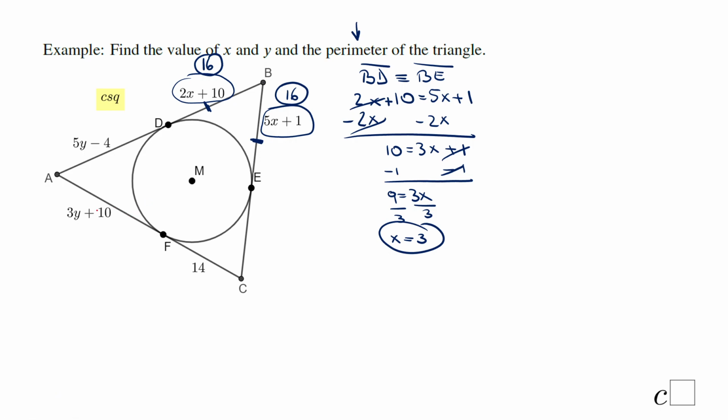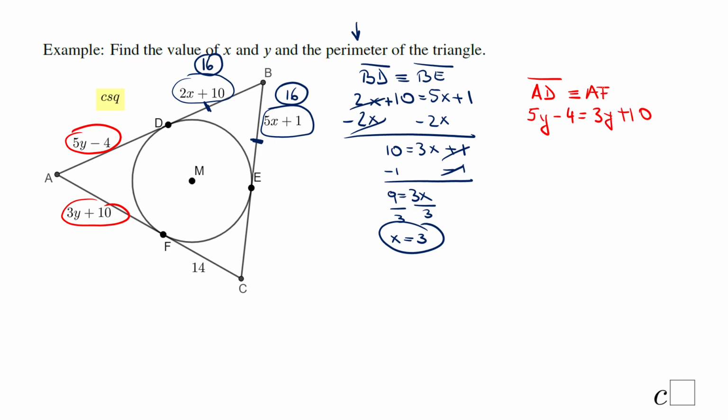If you notice, y is right here. So in your mind you have this equation, 5y minus 4 equals 3y plus 10, that is correct. Just be sure you know the reason. The reason is AD congruent with AF.